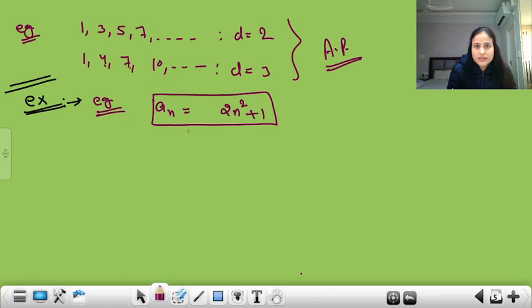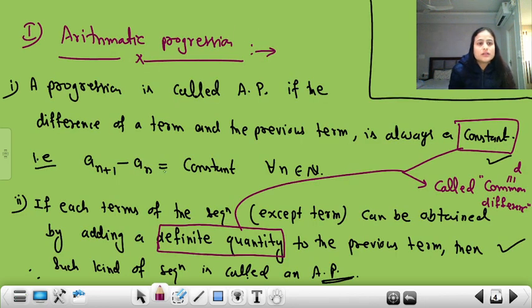So the nth term is given, then how do we show it? We take the n plus 1th term and the nth term, and then take this difference. If this difference is a fixed constant for every n, then that progression will be an arithmetic progression, otherwise not.